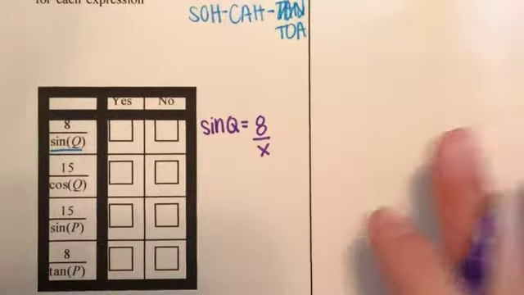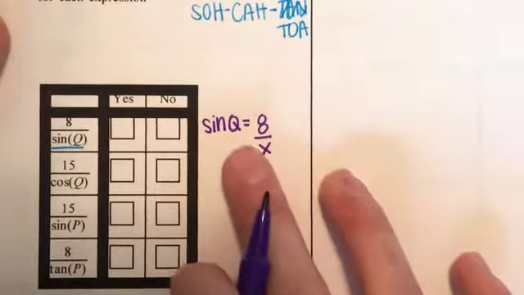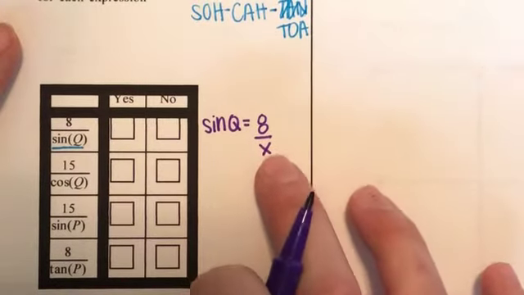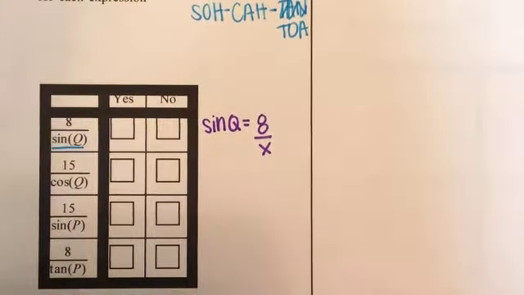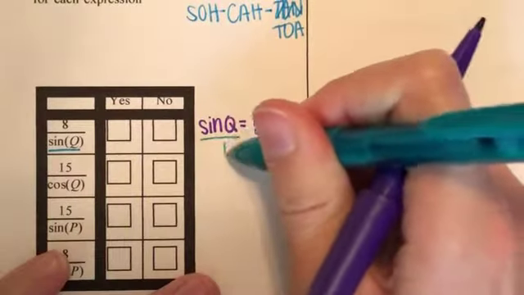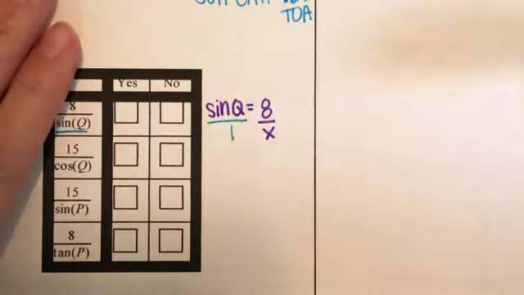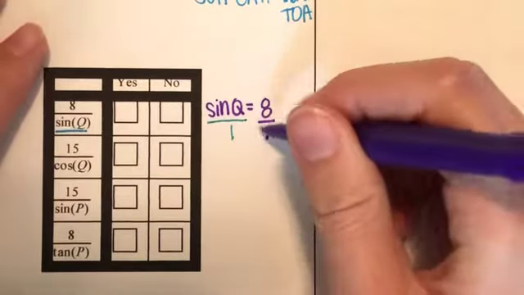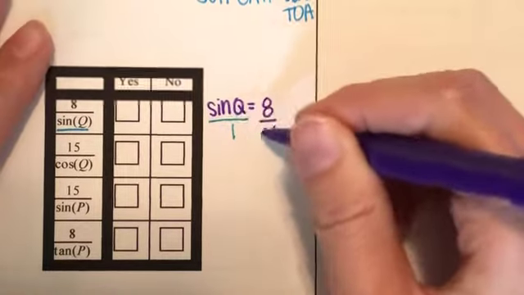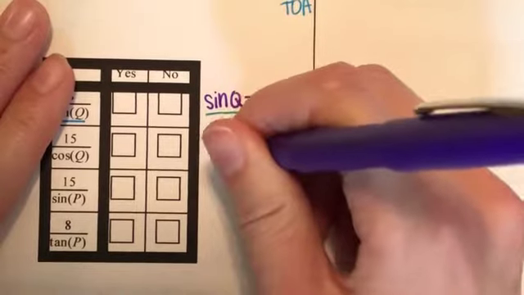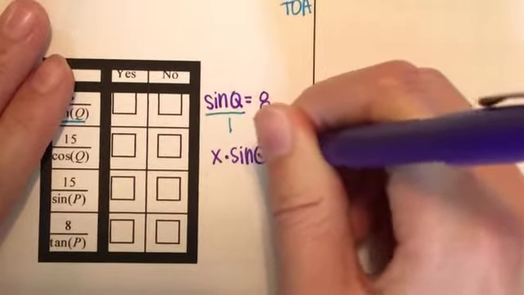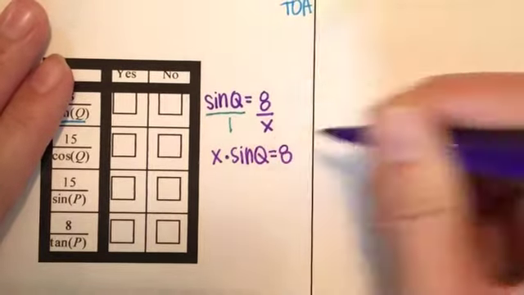The whole point of this is to figure out how to solve for X. So we're going to put a 1 underneath here and cross multiply. I'm going to do X times sine Q is equal to 1 times 8, which is 8.